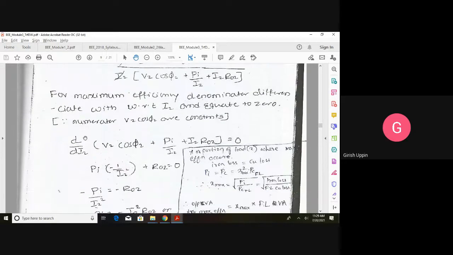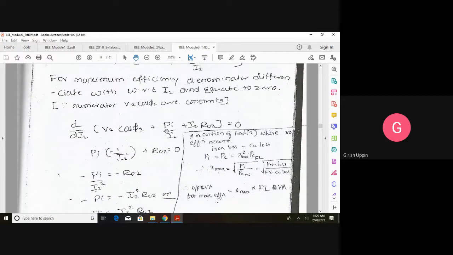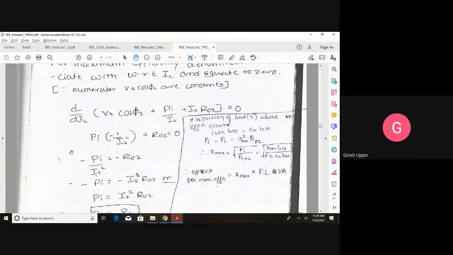If you perform this differentiation with respect to I2, we get V2 cos phi 2, this will become 0, Pi into 1 by I2, so minus Pi by I2 square, plus d by dI2 of I2 is 1, R02.